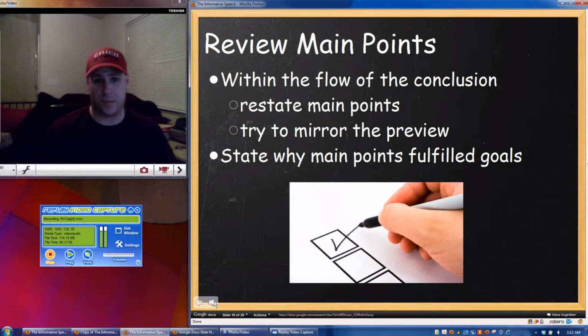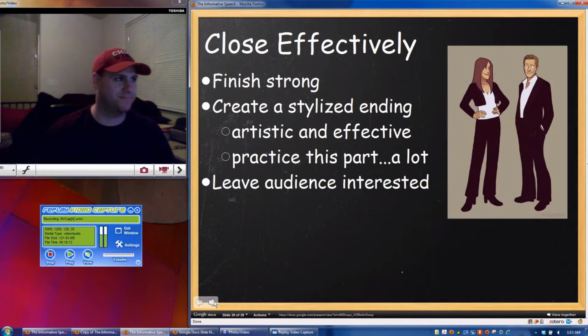Today, I talked about main point 1. Then I talked about main point 2. And finally, we explored main point 3. Nice, simple review, mimics what you've already said, and reinforces the things back into the audience's mind. Finally, it may not be a bad idea to explain to them just briefly in one sentence why looking at these 3 points overall accomplished your thesis.